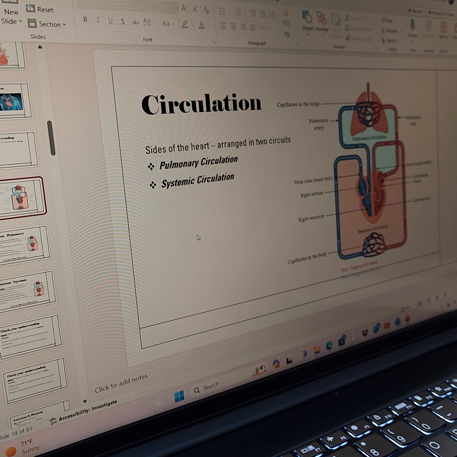Now moving on to the circulation systems. General pathway of pulmonary circulation. It shows your pulmonary vein, and keep in mind this is the oxygen-rich side.